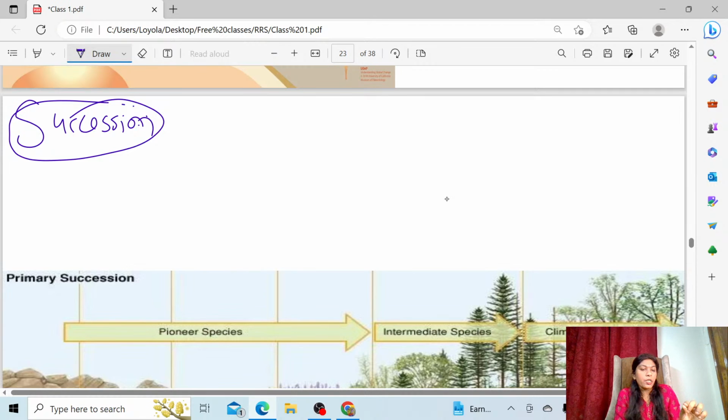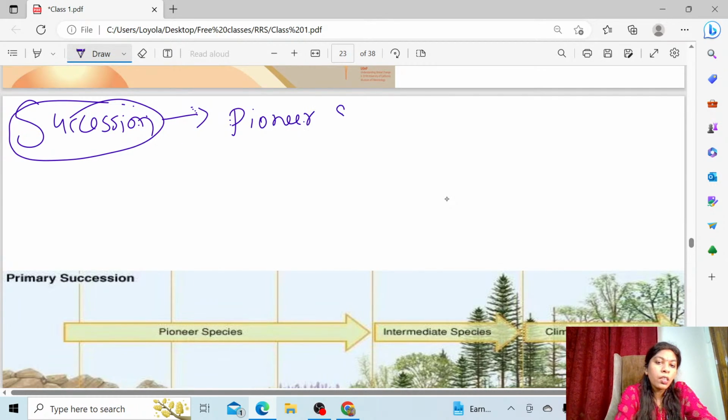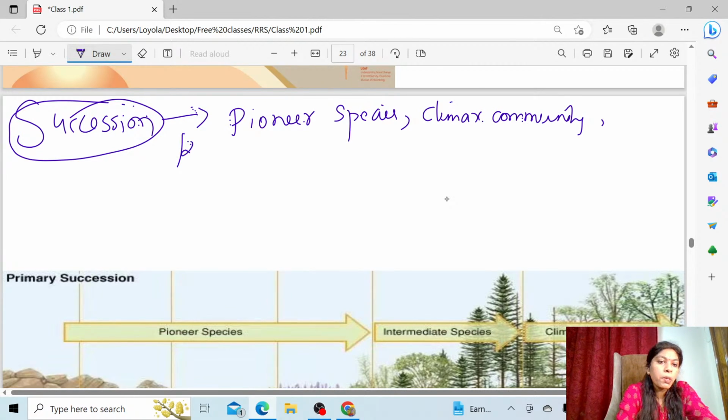When you're talking about succession, there are two types which you will come across. One is primary, which I will be discussing now, and one is secondary. Before going into that, you should know certain terms. First, pioneer species. Second, climax community. Third, keystone species.